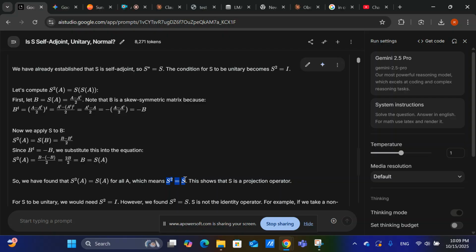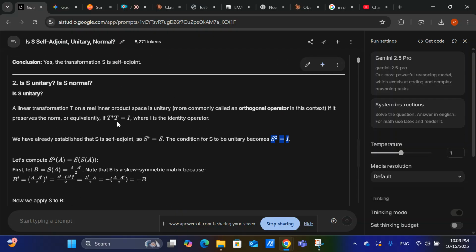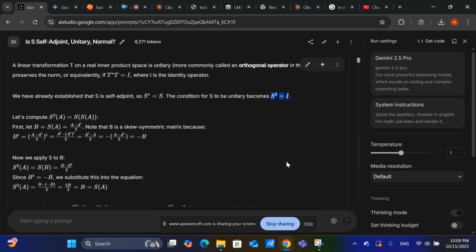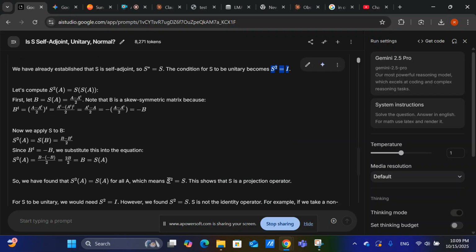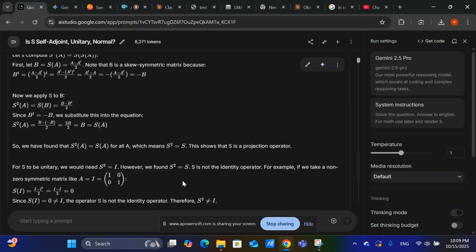By the way, this is the definition for a projection operator. But remember, for a unitary, we wanted this one. And because S is self-adjoint, we just say we need S squared equals I. But we got S squared equals S, not I. So now the question is, wait a minute, maybe S is the identity? The answer is no. Take the identity, apply S to it.